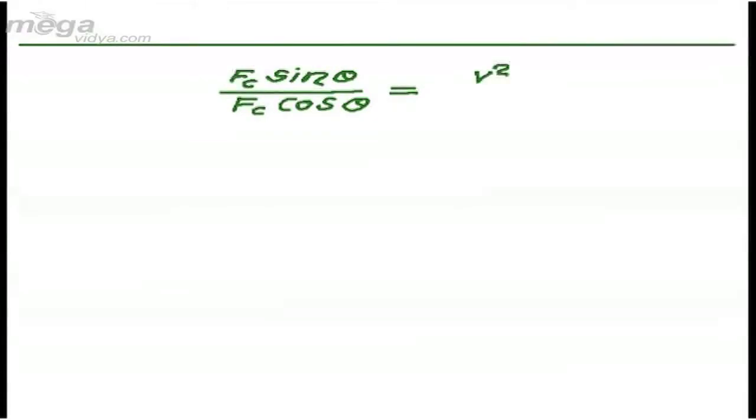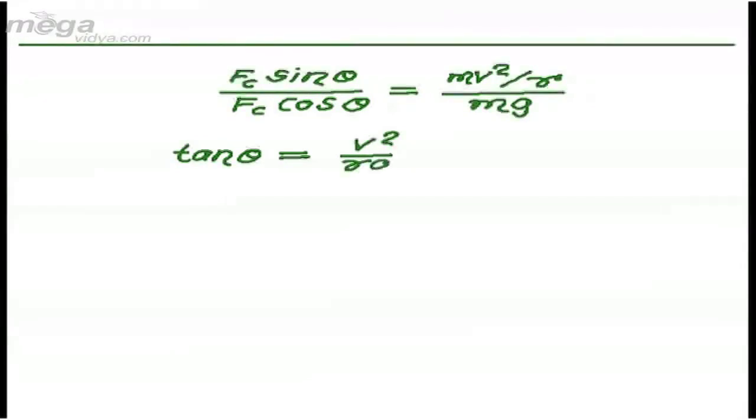Now, by dividing those two equations which we had written on the previous page, Fc sin theta divided by Fc cos theta is equal to mv square by r divided by mg, which finally yields tan theta equal to v square upon rg.